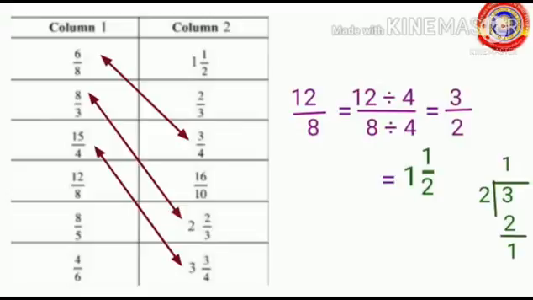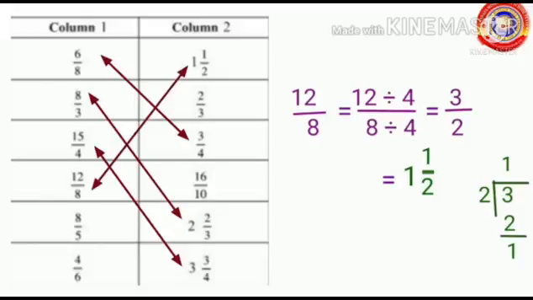So convert this into a mixed fraction. For that, divide 3 by 2. How many times? 1 time. 1 into 2 equals 2. 3 minus 2 equals 1. Next, write this in Q and R by D form. That is 1 and 1 by 2. So join 12 by 8 with 1 and 1 by 2.